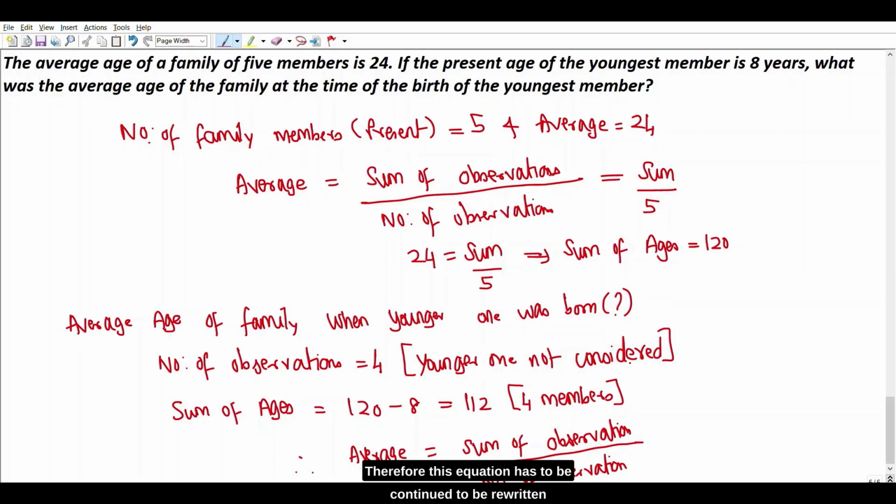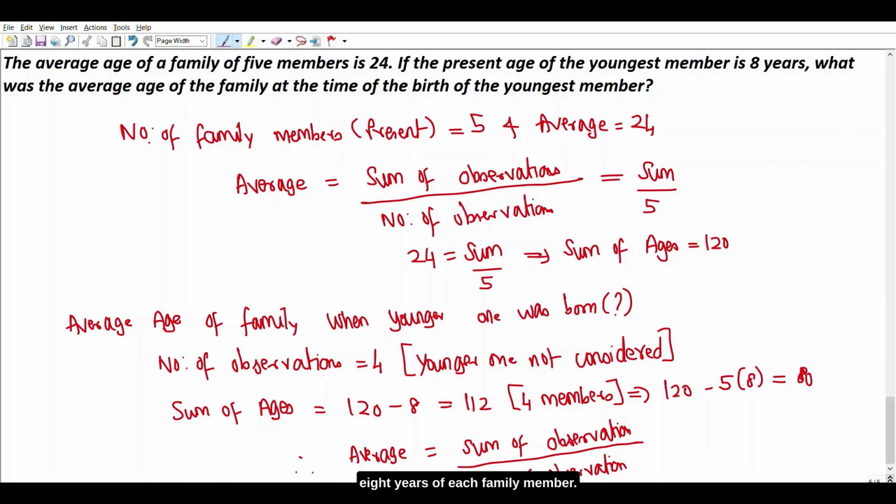Therefore, this equation has to be rewritten as 120 minus 5 times of 8, which will give me 80. That is, we are cancelling the younger one. Therefore, it becomes 112 and we need to trace back 8 years of each family member.